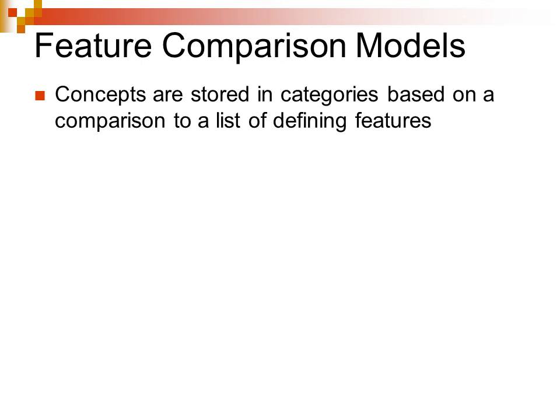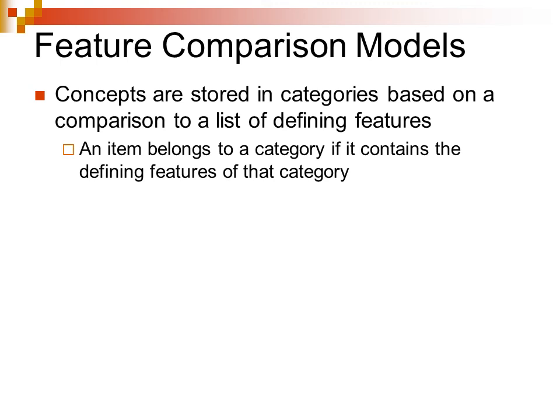In order for an object to be classified as a cat, it must meet the defining features of cathood. It must have four legs, be furry, like to chase mice, and meow when you poke it. I don't know. And again, an item belongs to a category according to this model if it contains the defining features of that category.